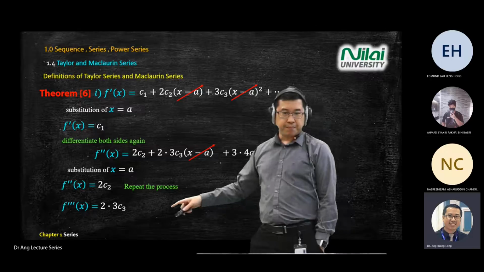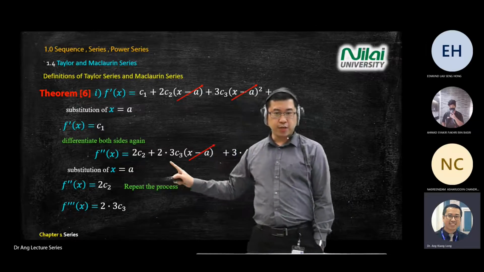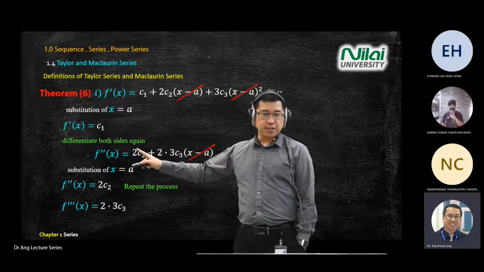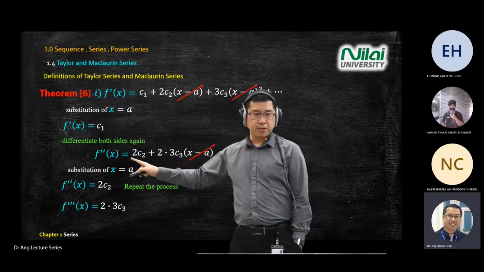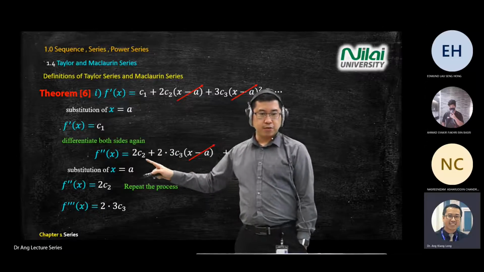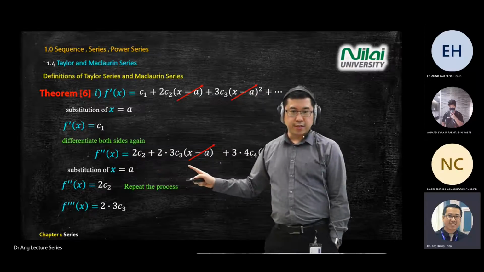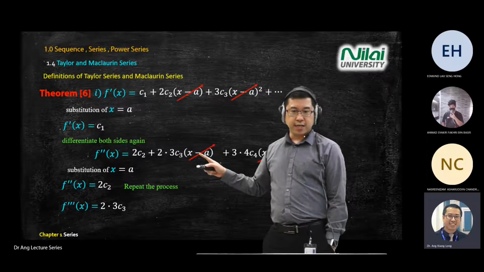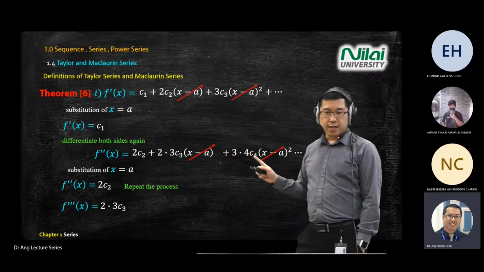If you differentiate this whole equation one more time, this one is going to be 0 because this is a solid number. You differentiate dy/dx, you still get 0. This one you get 6, or 2 times 3, you get 6, C3, and then this one is 1. You get C2, and then this one, and so on.